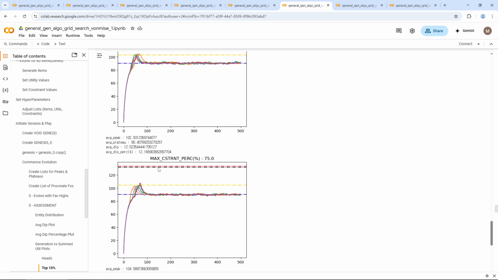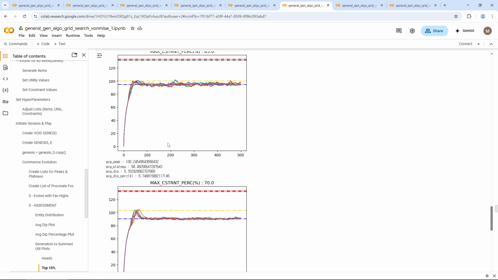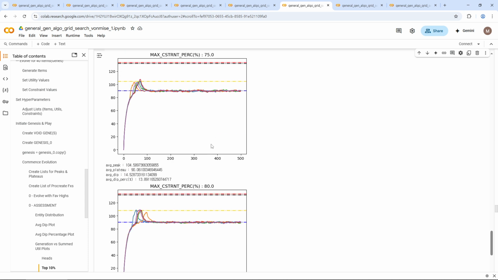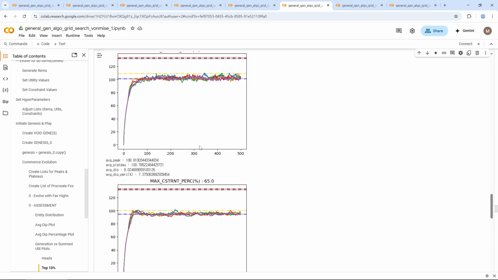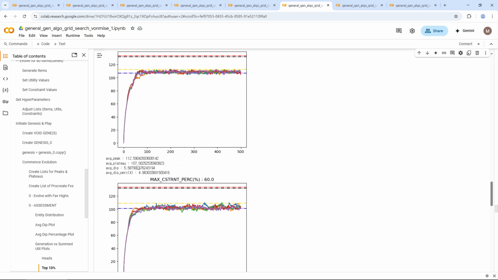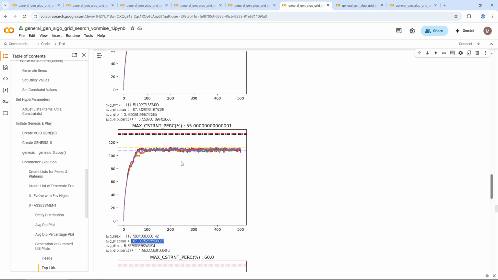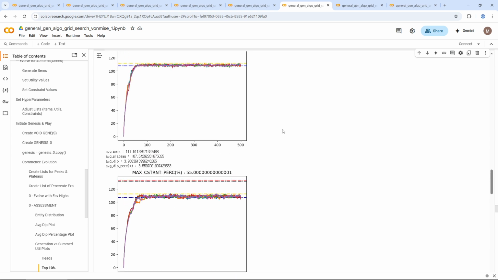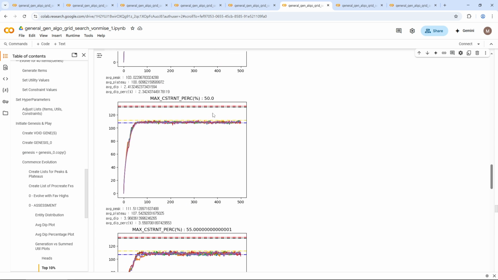But I still see the average plateau levels just going down, because it was at 94 and the average peak was 100. Average peak is at 102 and it's 90. Average peak is 104 and it's still average plateau is at 90. The average plateau was 107 at max constraint percentage 55 and 50.